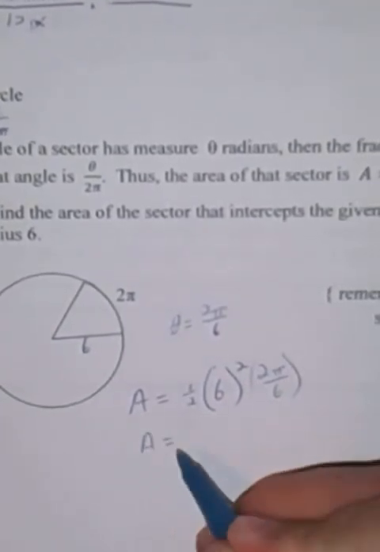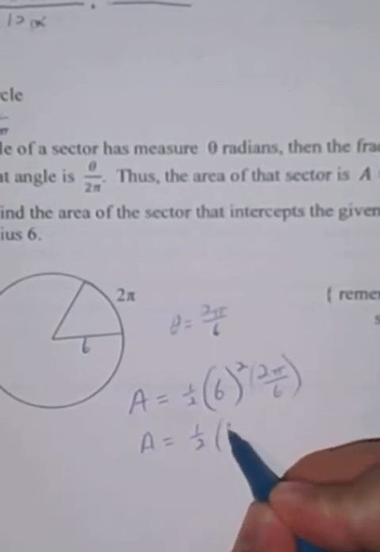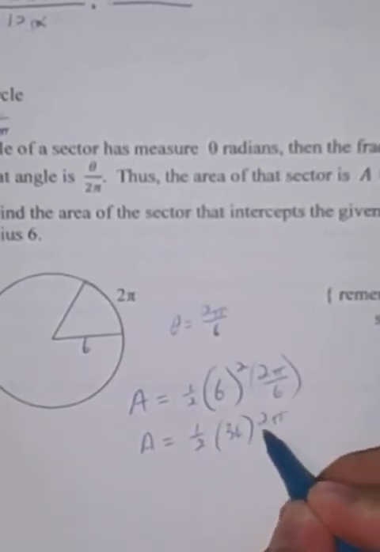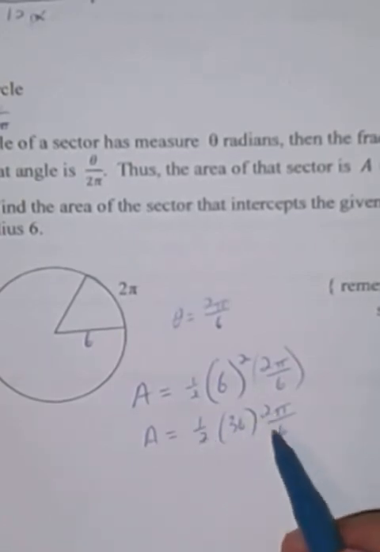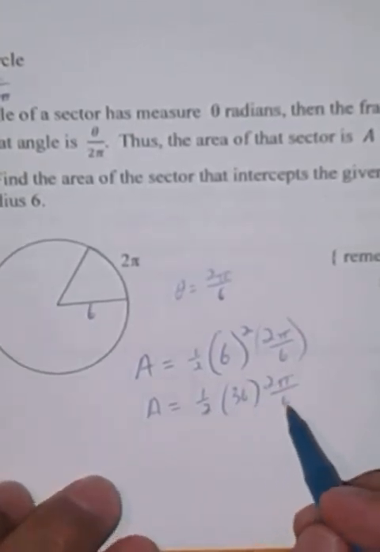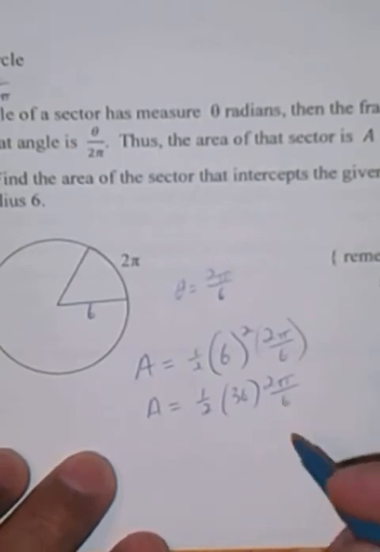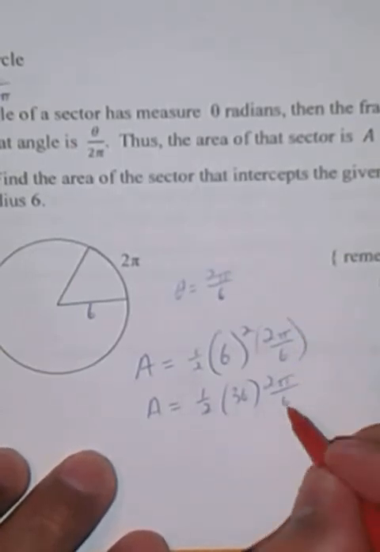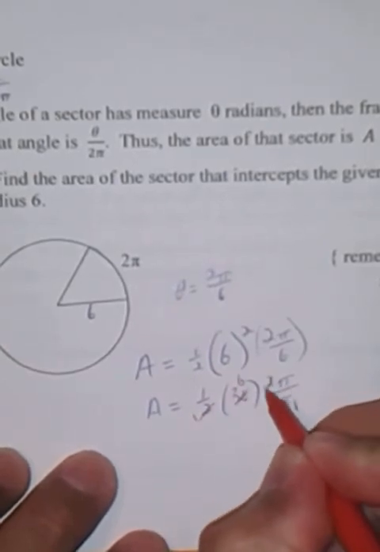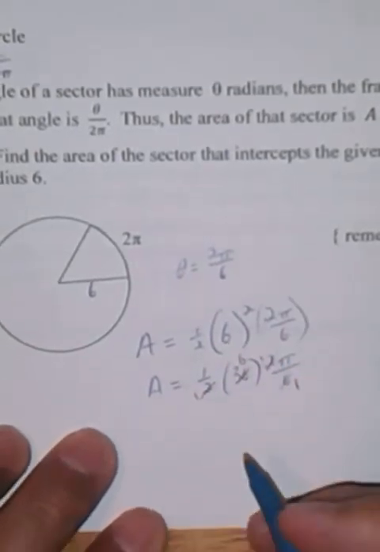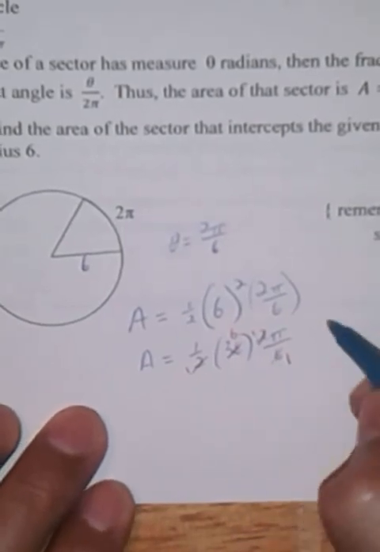So my area should be 1/2 times 36 times 2 pi over 6. The half cancels out the 2 from the 2 pi, and 6 reduces with 36. That means 6 goes into 36 6 times. So I end up with the area equals 6 pi.